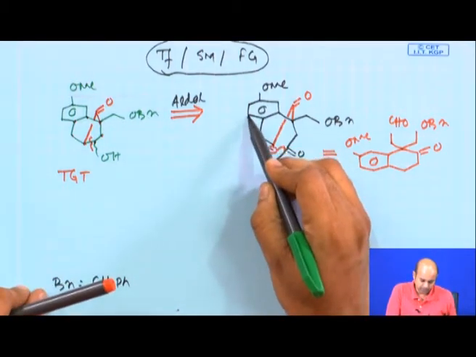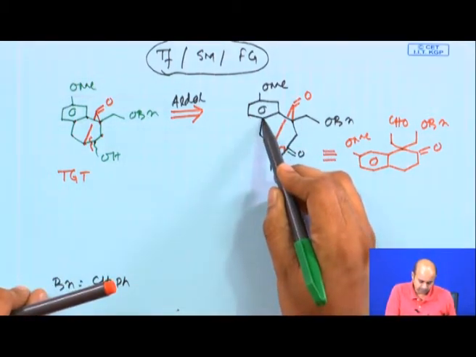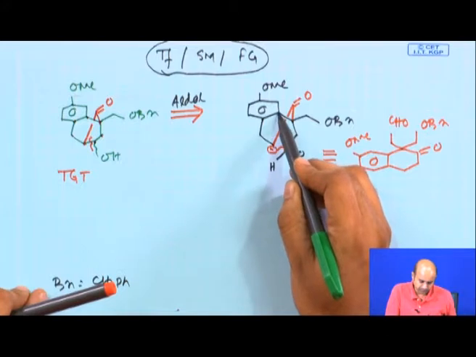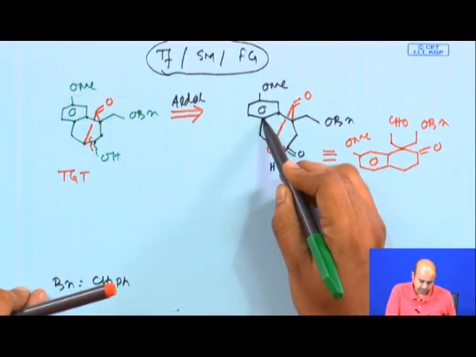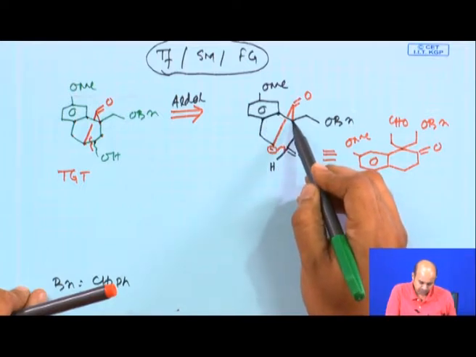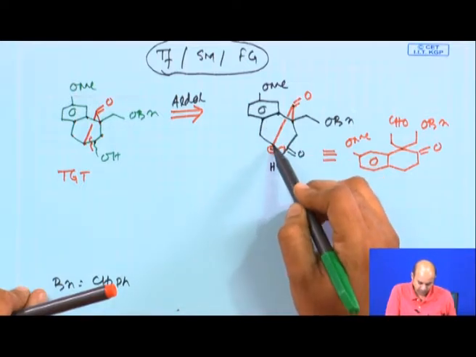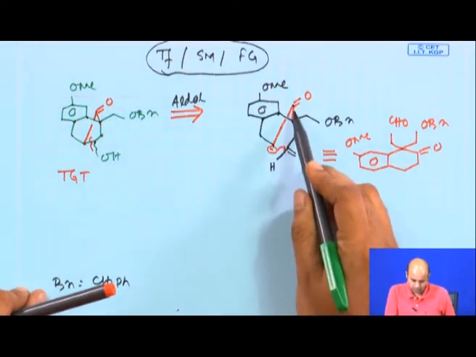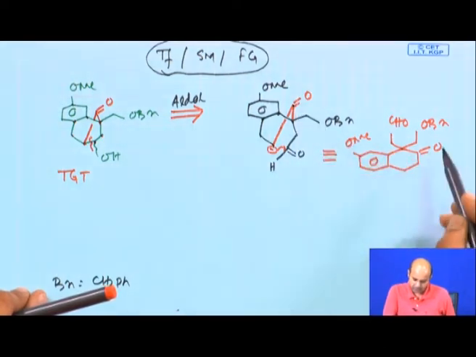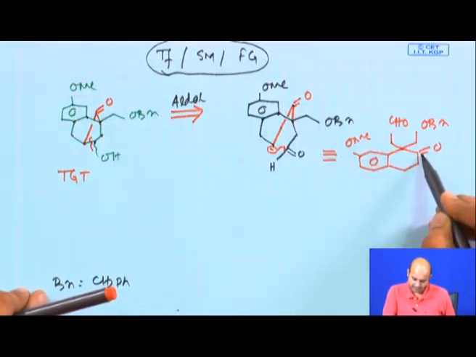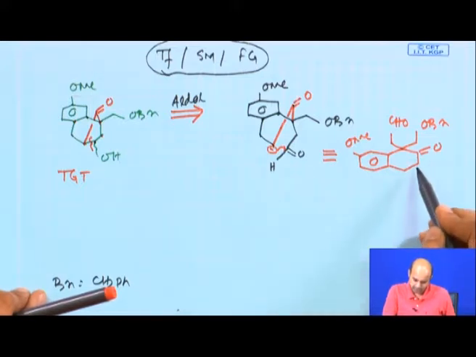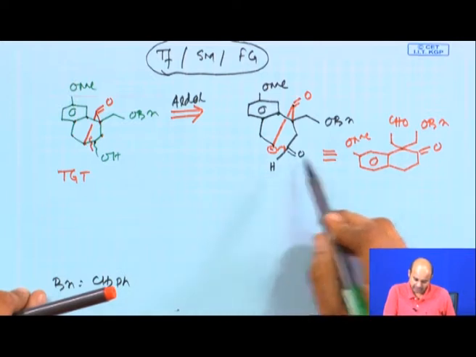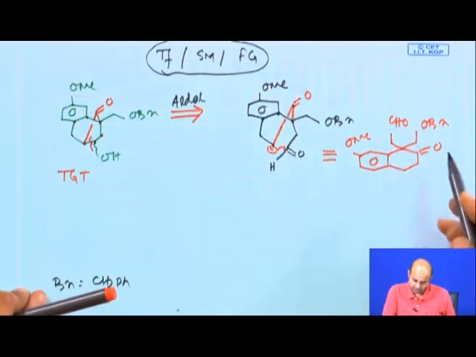This is the O-methoxy, this is the common fused ring, 1, 2, 3, 4, 5, 6. So, this red color ketone is basically this, and then you are doing an aldol reaction with this aldehyde to this.